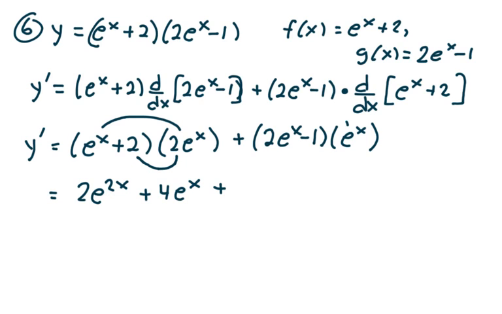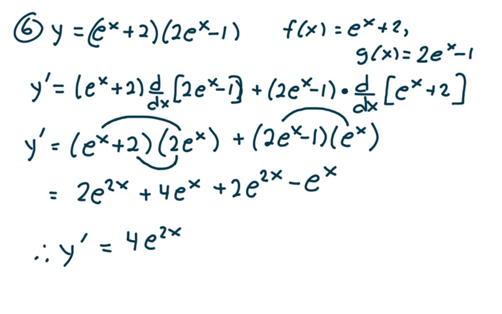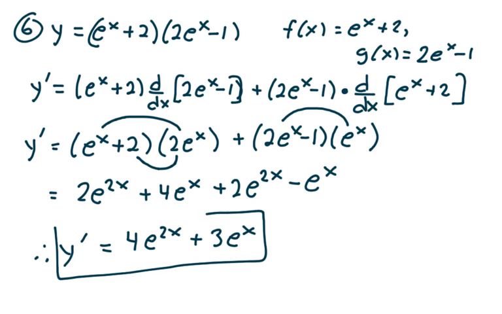And then I'm going to add 2e to the 2x minus e to the x. And if I combine like terms, I have the following. y prime is 4e to the 2x plus 3e to the x. And that's how you do problem number 6.